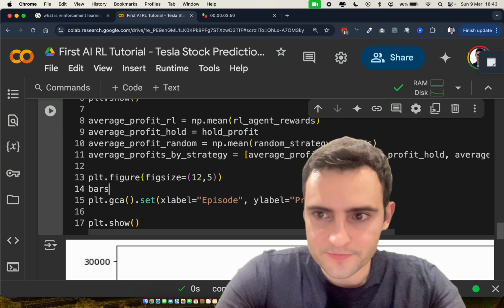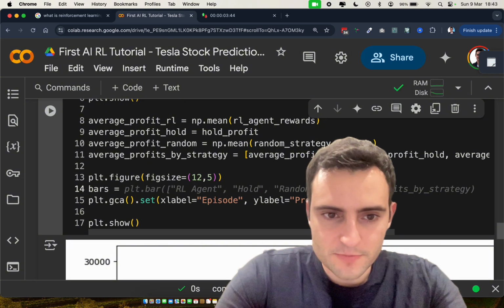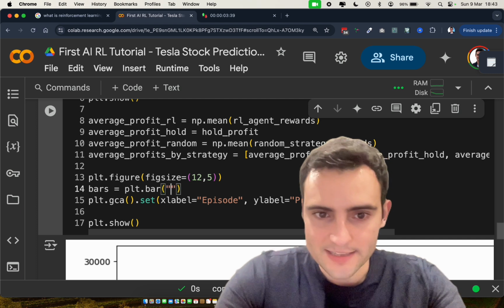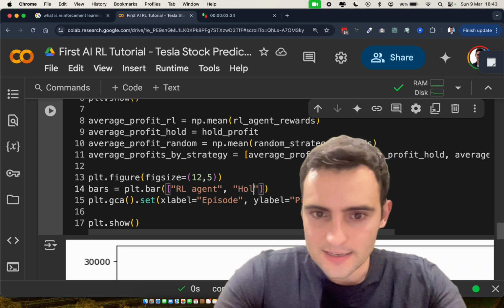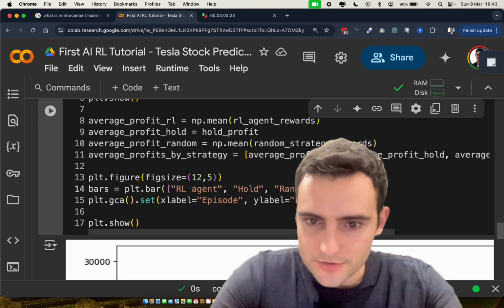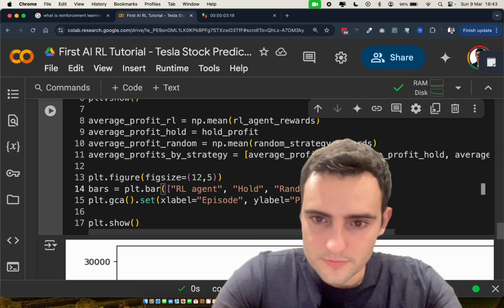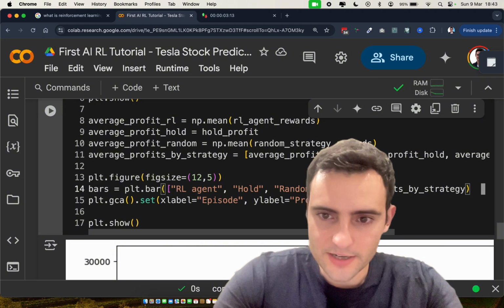So we're going to do bar charts and do bars equals plt.bar, and basically like in the square brackets it said there, we'll do RL agent, hold, and then random, and then here in the brackets, average profits by strategy.